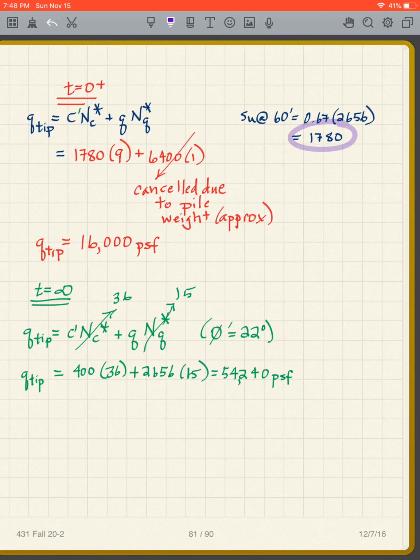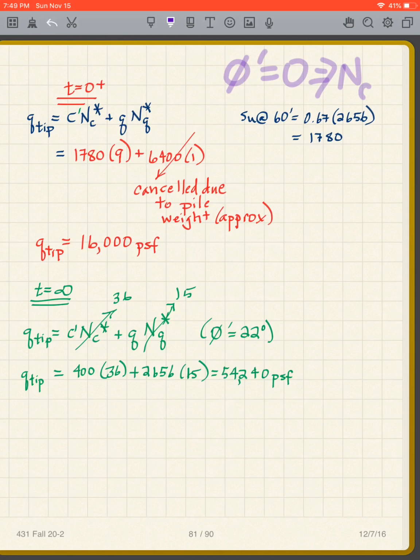And we get SU is 1780. So when I apply this equation, what happens? I put SU as my C prime, so that's my 1780. The NC star, how do I get that? That comes from phi prime equals 0, right?